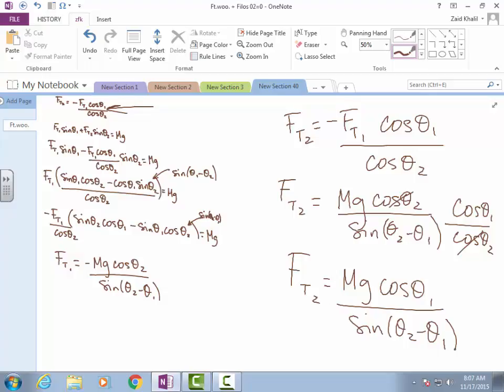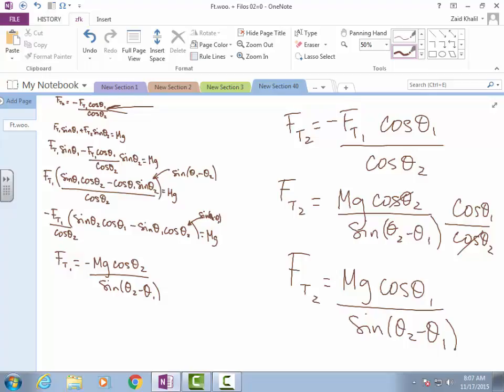No. Whenever you solve for forces, that quantity always is going to be positive. Because that quantity represents magnitude. We assign direction in free body diagrams. But whenever you solve for an F, it's always a positive quantity.